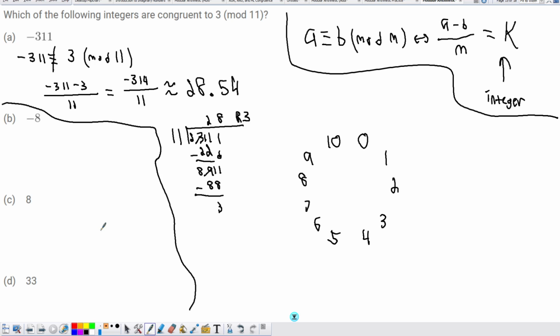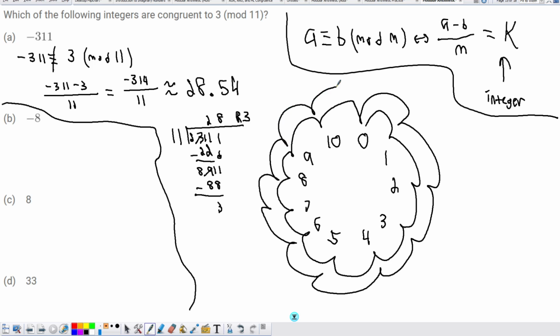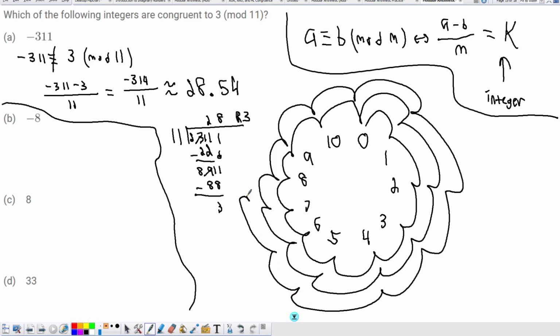And from there, we can generate answers fairly easily. So, for example, let's check 33 real quick. I have to go around 33 times. 1, 2, 3, 4, 5, 6, 7, 8, 9, 10, 11, 12, 13, 14, 15, 16, 17, 18, 19, 20, 21, 22, 23, 24, 25, 26, 27, 28, 29, 30, 31, 32, 33.